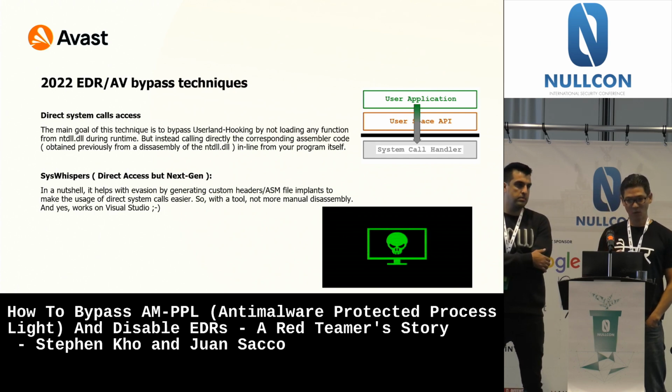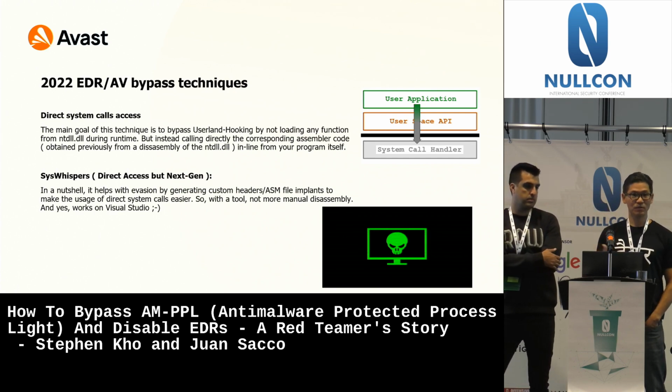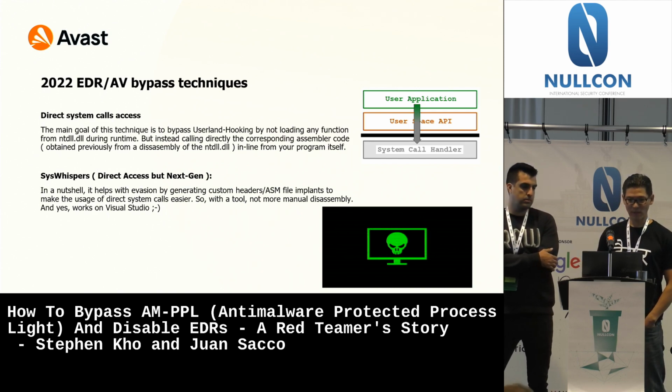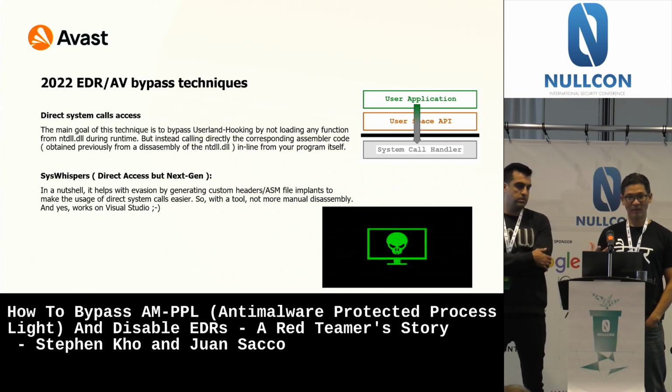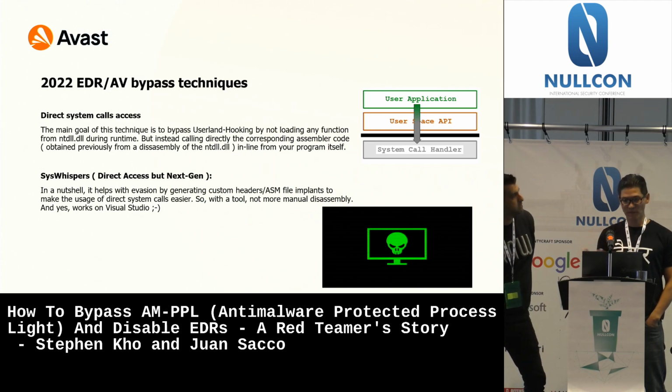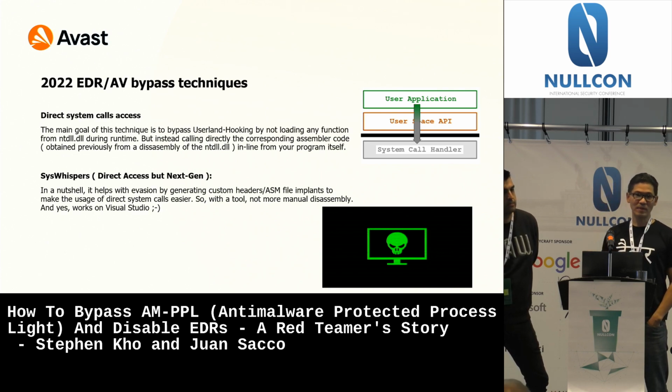So you call it all from userland and jump directly to the syscall instruction. That's one technique. SysWhispers is another one. It's a commonly available tool that will generate custom headers and ASM, making it less manual and automating the process of jumping directly into the syscall instructions. In the deck later on, we'll have more information on these techniques, so if you want to read up more.